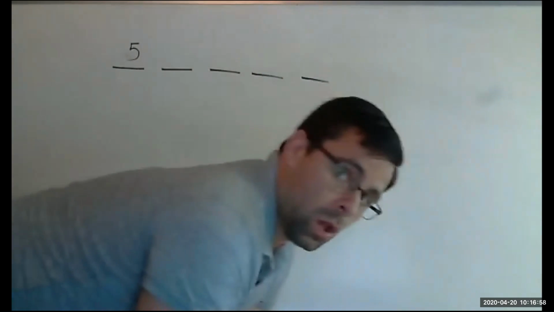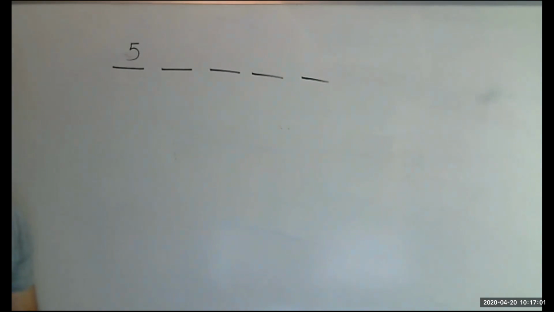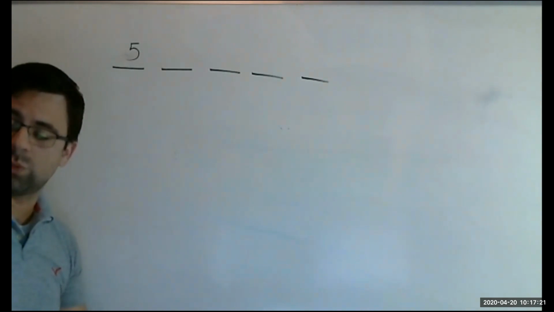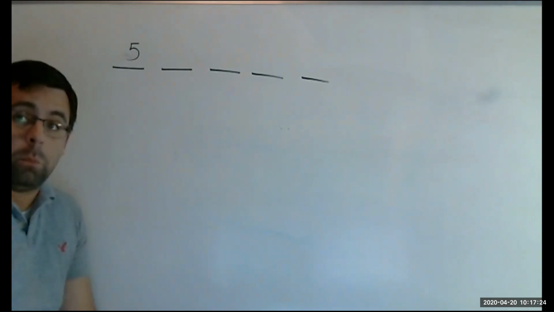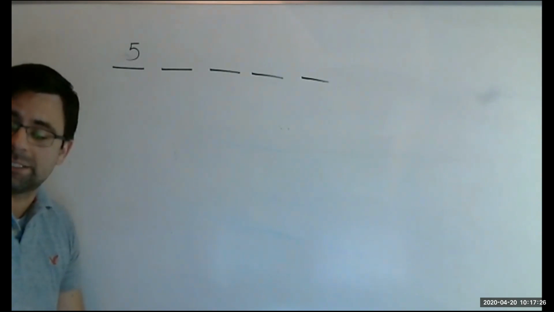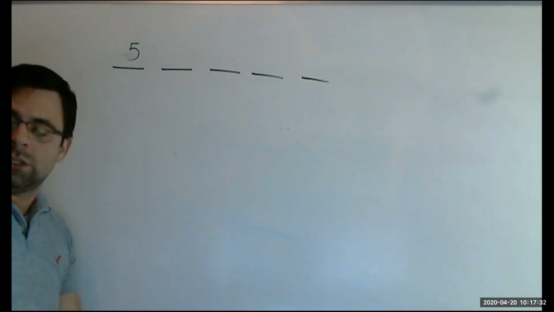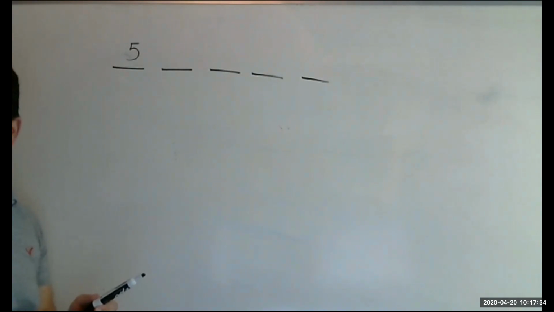What about the second spot? 4. Why 4? Because you just put a number in the first spot. Exactly, because I just used one of them. It doesn't matter which one I used, but I definitely used one of them. So we have 4 possibilities for that section.